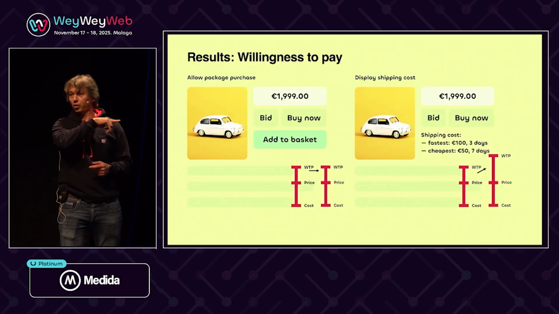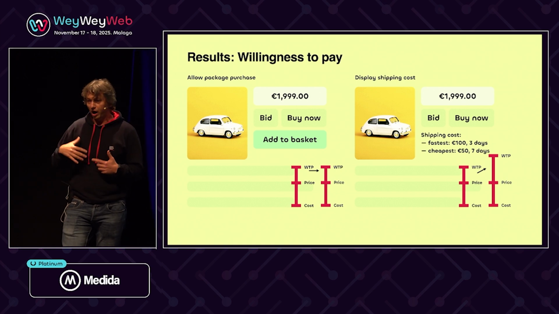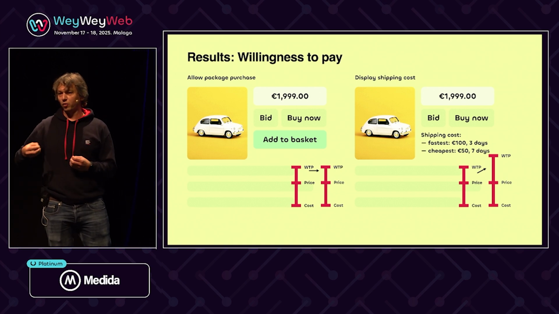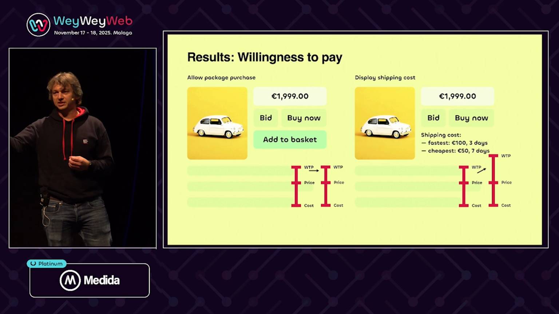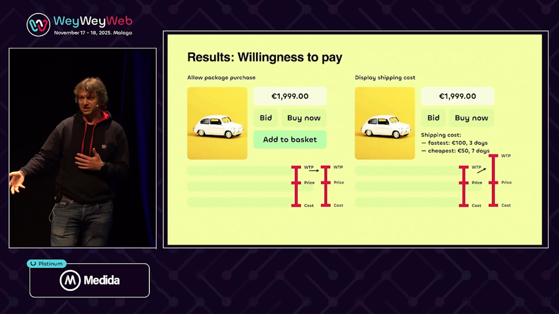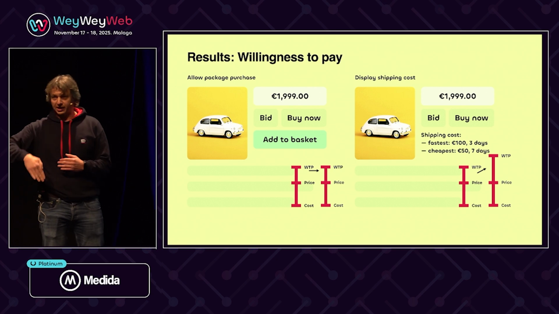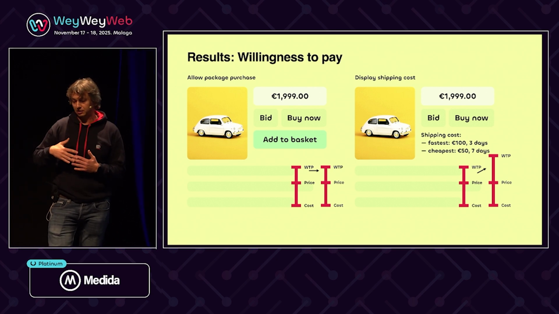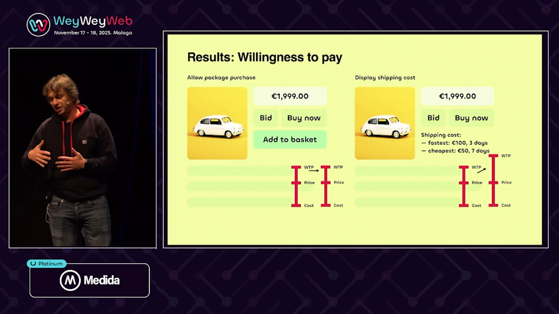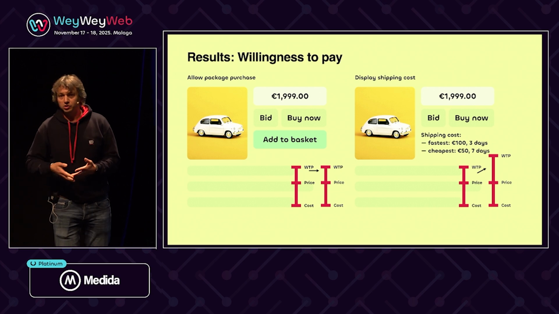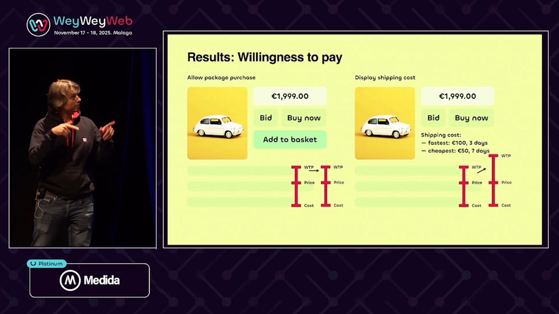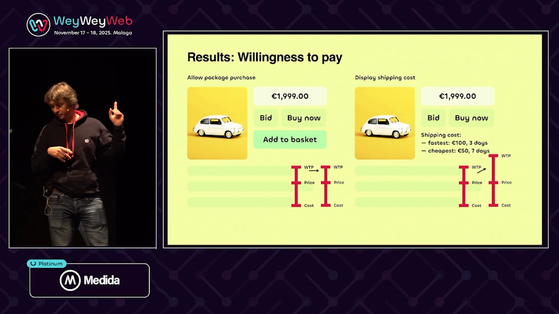And by the way, those objects were cars. And armed with this knowledge, they were far more willing to bid on a car from a distant location. So this feature eventually attracted more bidders, increased the average price, and significantly increased the revenue. So in other words, the willingness to pay for shipping cost was higher than for packaging features.